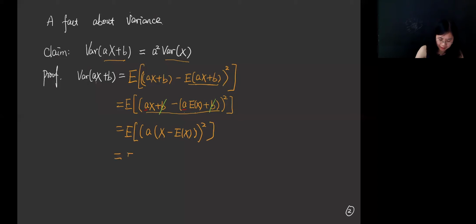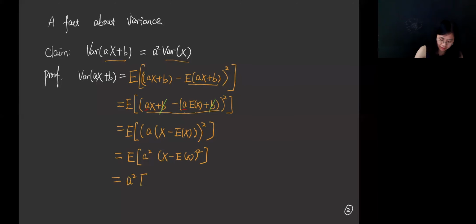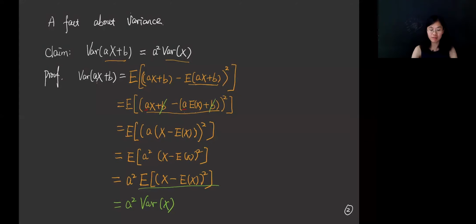So that equals the expectation of a squared times x minus E of x squared. Using the linearity of expectation again, this a squared comes out. So that gives us a squared times the expectation of this square of the difference between x and E of x. And this, remember, is exactly the formula for the variance of x. So this is by the definition of the variance of x.